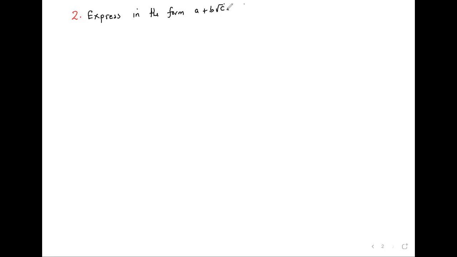So what are we given? We are given 2 minus the root of 75 plus 3 over root 5 minus 4.